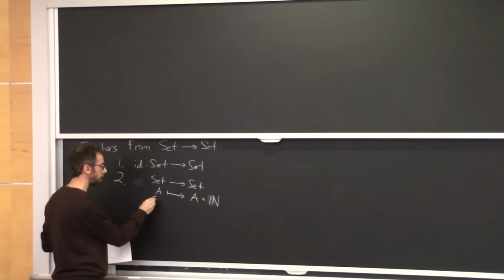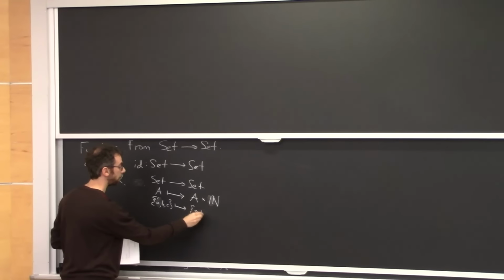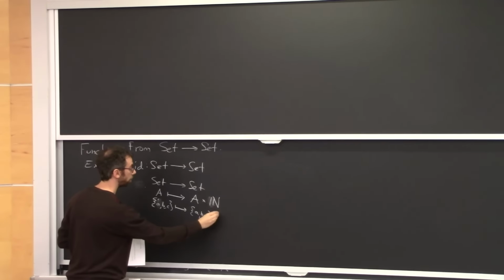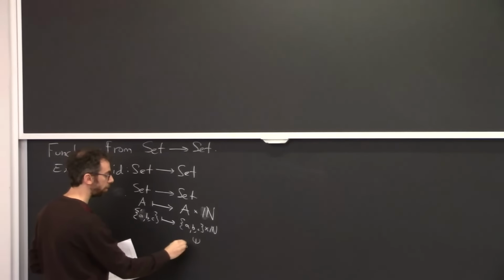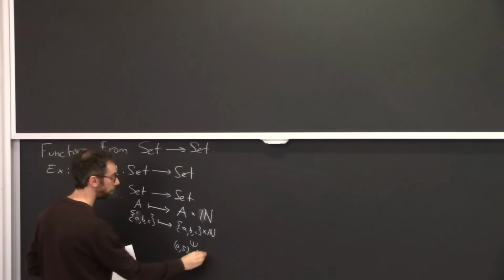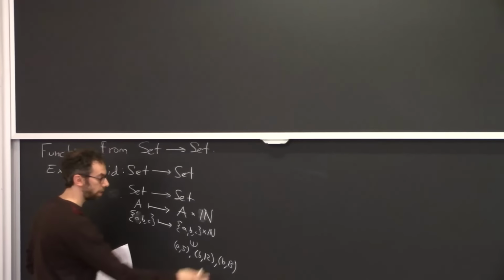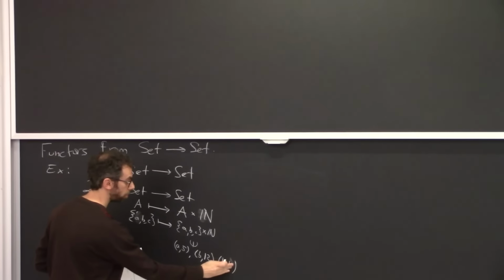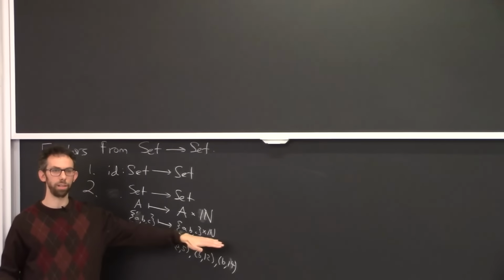So this sends the set ABC to the set ABC times the naturals. And what this means is the set consisting of things like A comma 5 and B comma 12 and B comma 13 and C comma whatever.